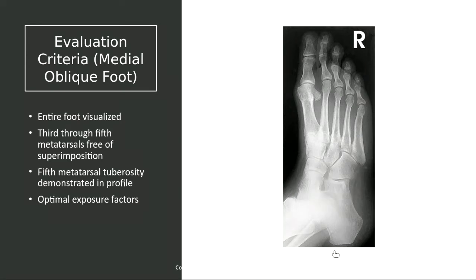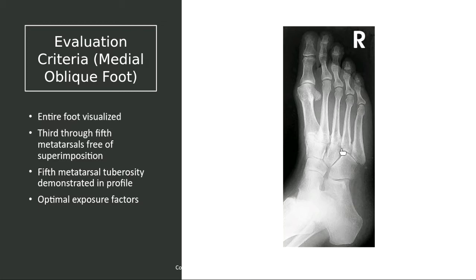And you're also going to demonstrate this 5th metatarsal tuberosity is going to be in profile if you have the correct degree of obliquity. All right, and the joint spaces around the cuboid are open. So notice you see all the way around that cuboid.